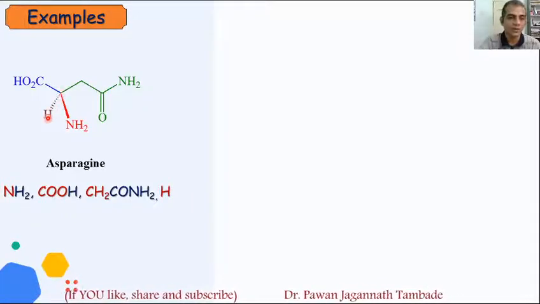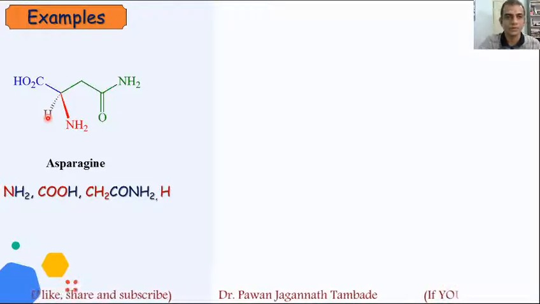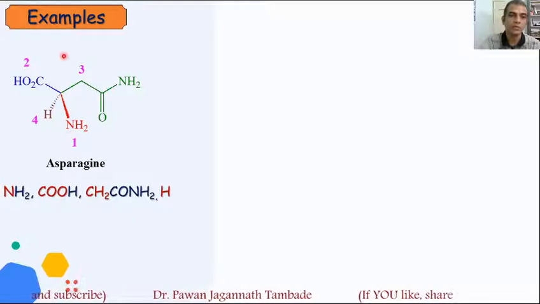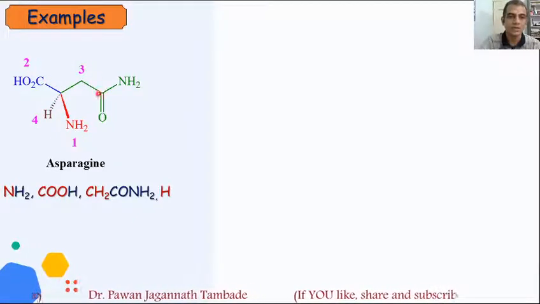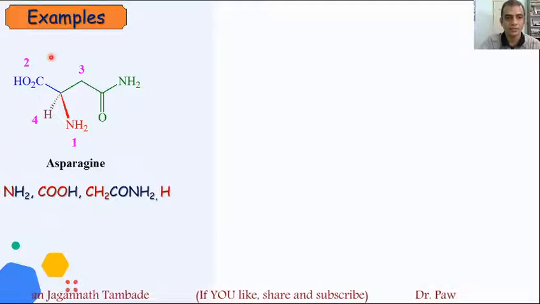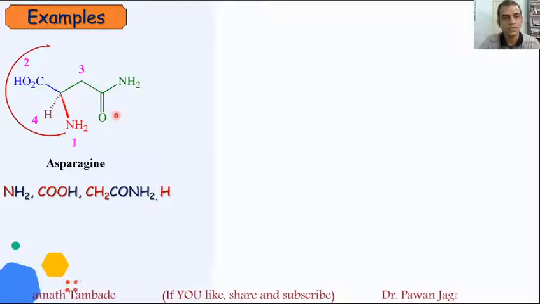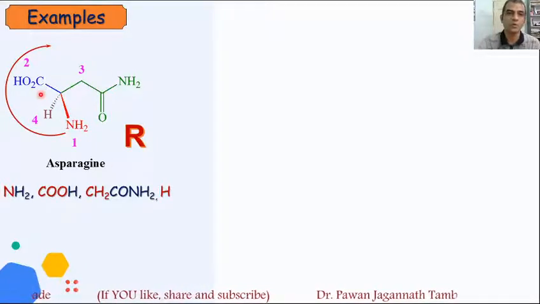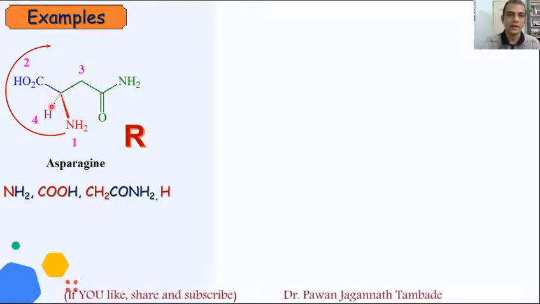So the fourth priority atom is already present away from the observer. When you read 1, 2, 3 priority groups, you can read these in clockwise manner. And the fourth priority atom is already on back side. So the configuration of this molecule is R configuration. This asparagine molecule here is having R configuration.